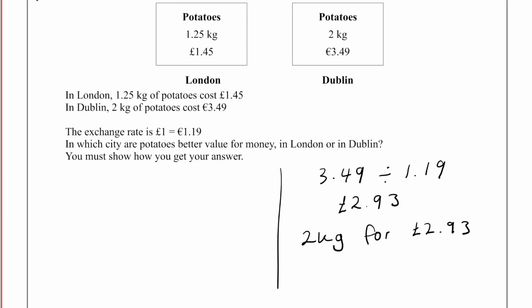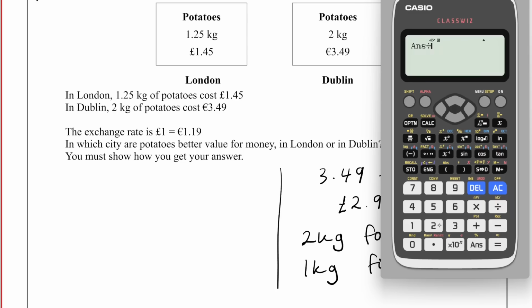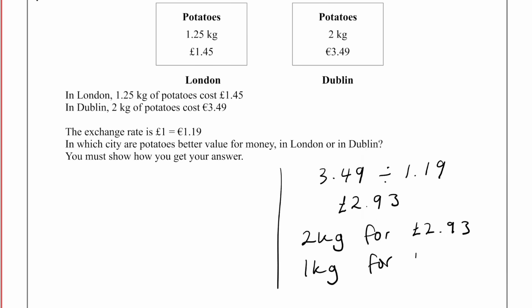I'm going to make it 1 kilogram. So half the answer. 1 kilogram is £1.47. So that's the price in Dublin for 1 kilogram.